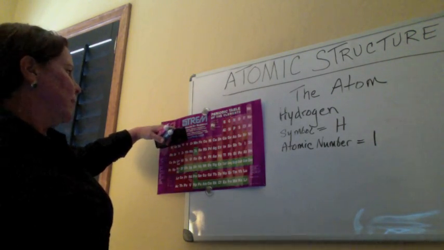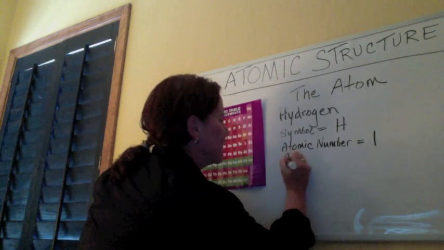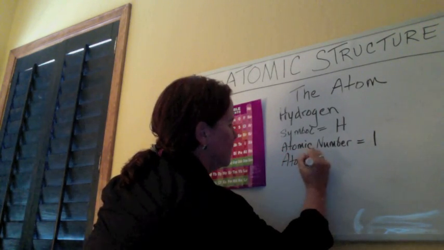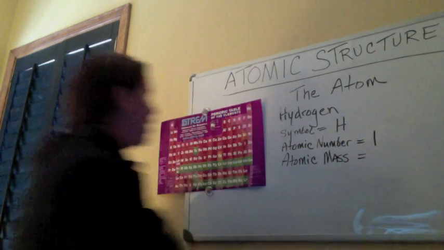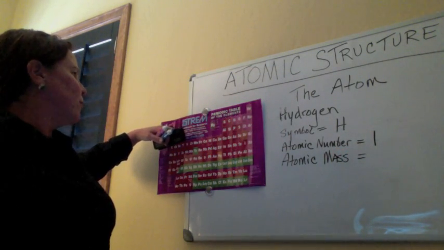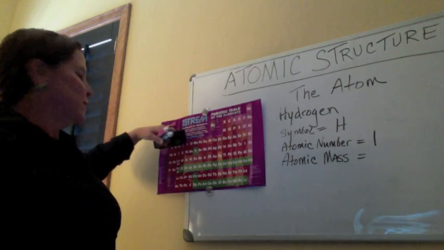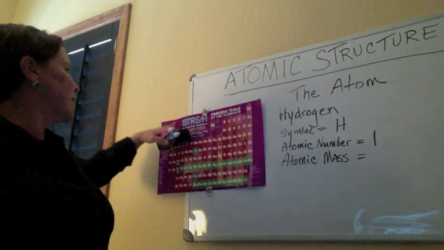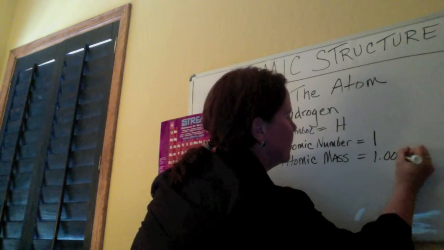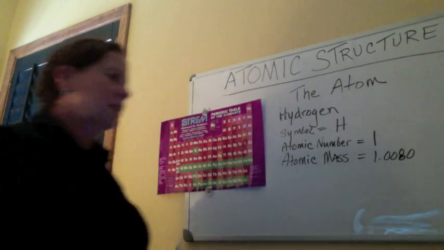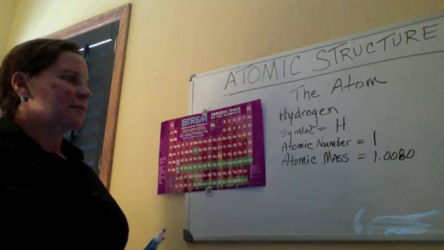So the atomic mass, okay, is always going to be found on your periodic table with several decimals after it, okay? And in this case, it's 1.0080, okay? All right.